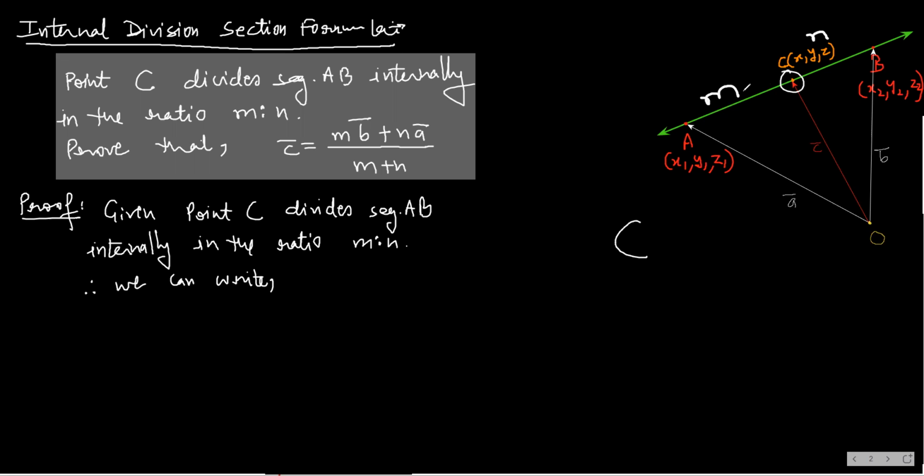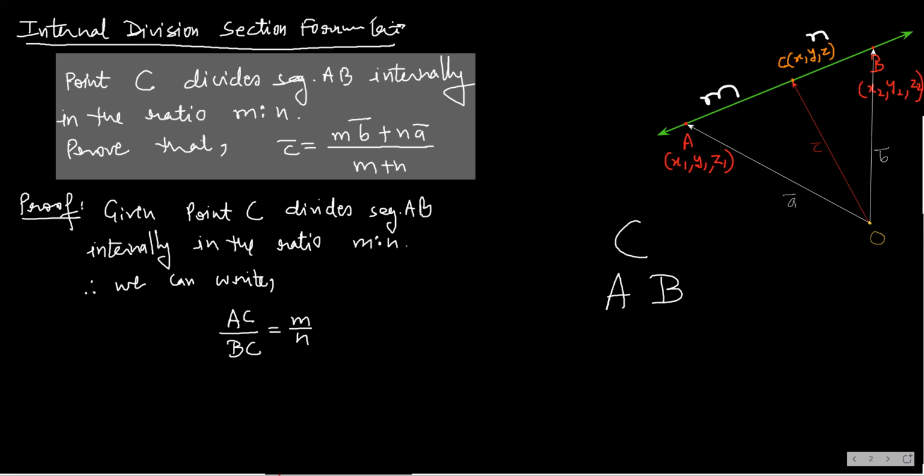C. It is C which is dividing segment AB. So what will be the ratio? The ratio will be AC upon BC, or CA upon CB, whatever you write doesn't matter. Therefore, we can write AC upon BC is equal to M upon N.